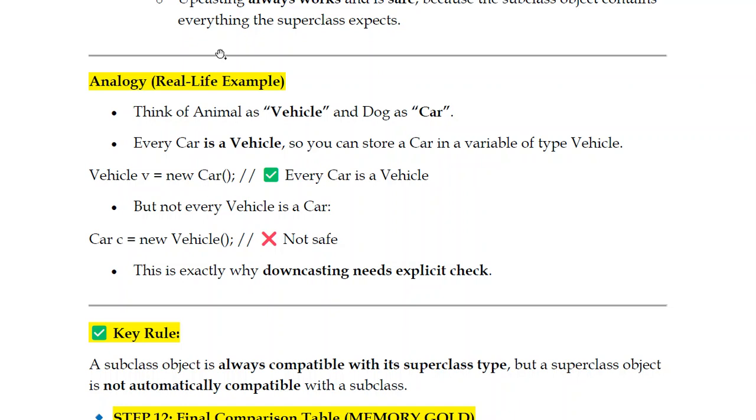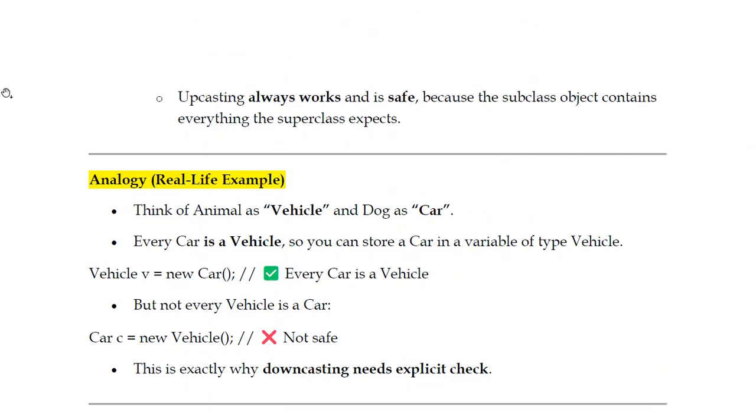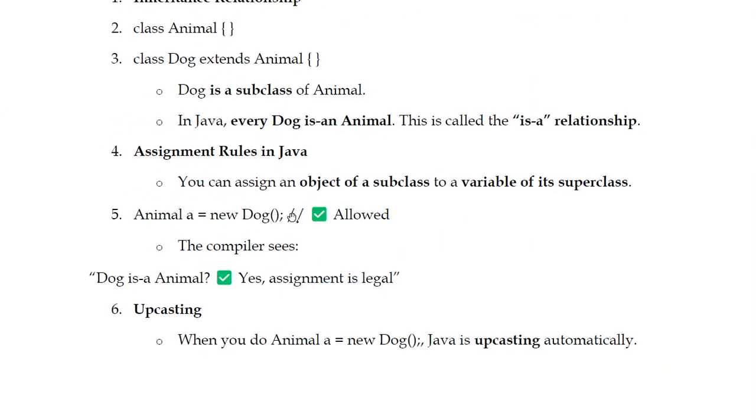Vehicle v = new Car: yes, every car is a vehicle. But not every vehicle is a car. If you go in the reverse direction, it is not safe. This is exactly why downcasting needs an explicit check. You have to check it, and for that purpose you give the type inside the parentheses.